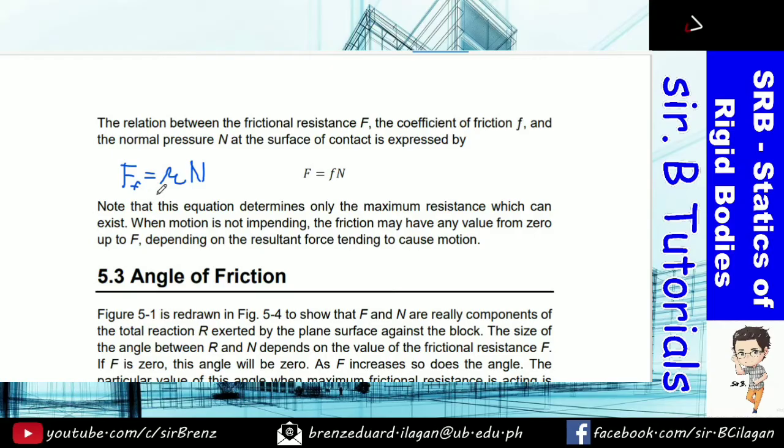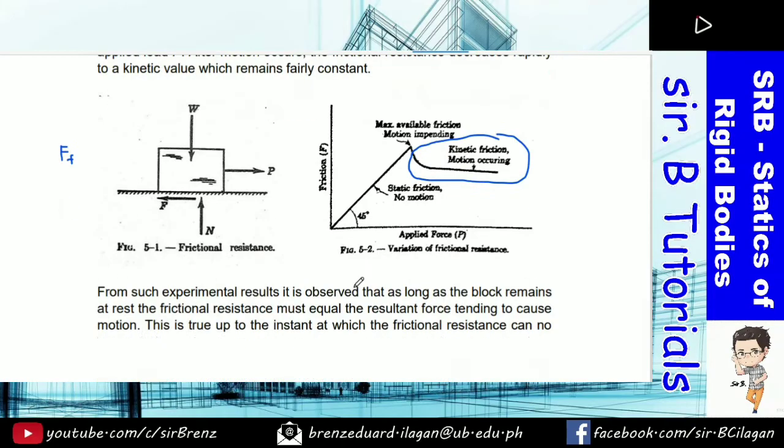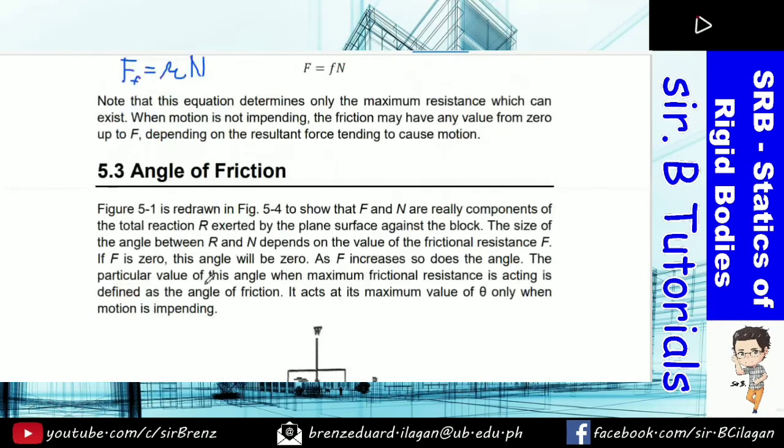Okay? So para mas madali nyo na lang maunawaan o masaulo, F sub F stands for the frictional resistance or the frictional force. So that is equal to mu, the coefficient of friction. This coefficient of friction can be mu sub k for the kinetic and mu sub s for the static. So ito yung condition natin kanina. Static when there is no motion, and kinetic kapag meron ka nang motion na nangyayari.